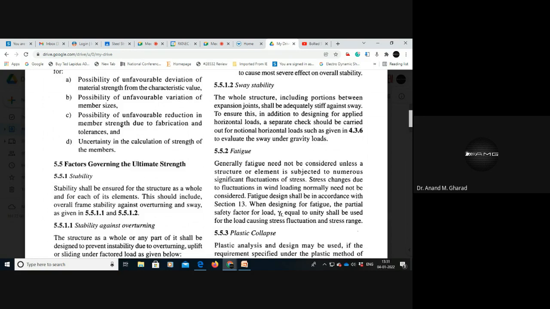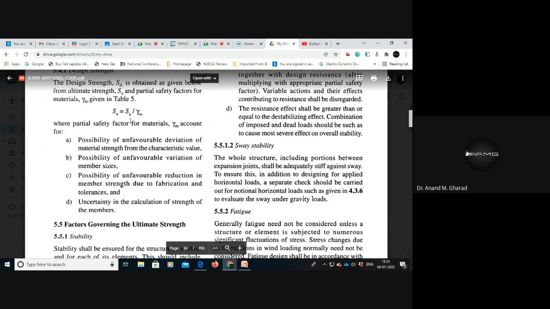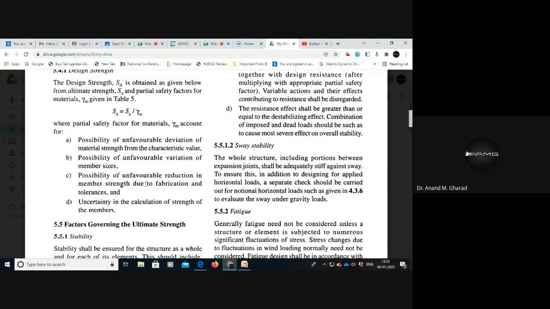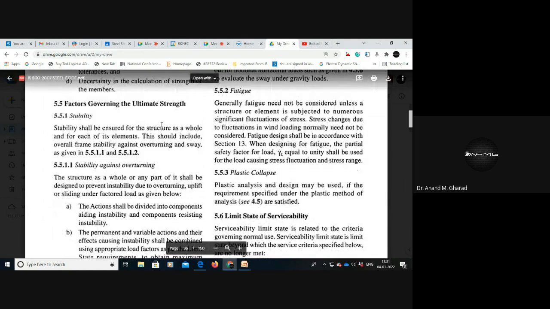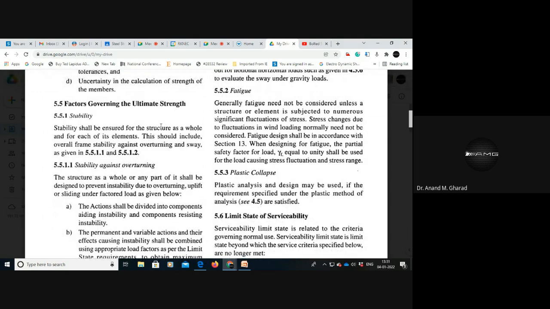Uncertainty in calculation of strength of the members. So this will take care of all these possibilities. But even though there are chances of failure, and those chances are only because of wrong supervision. So that supervision part also comes into the picture. Right? So these are different factors which are governing the ultimate strength.